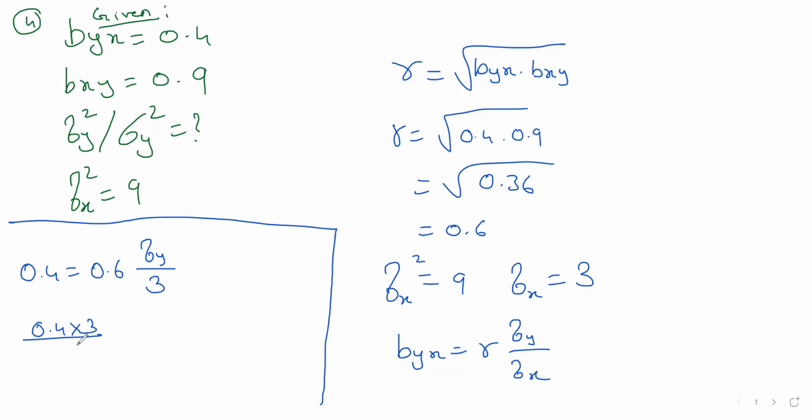So 0.4 into 3 upon 0.6 is equal to standard deviation of y. So standard deviation of y is 2. So variance is the square of standard deviation, that is 4.